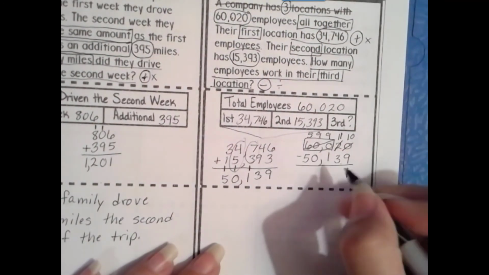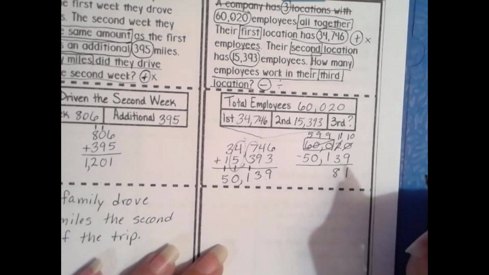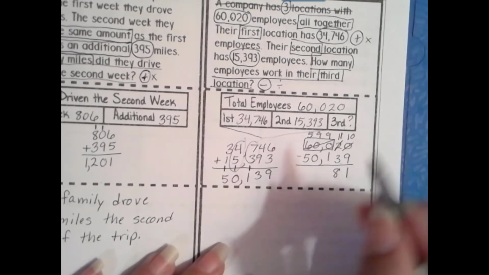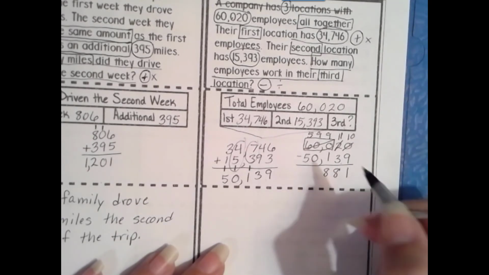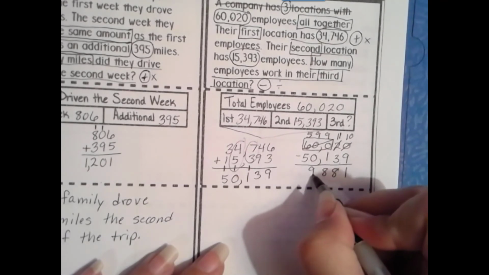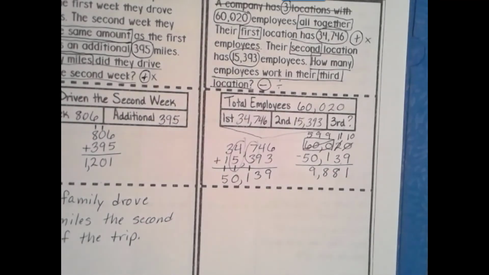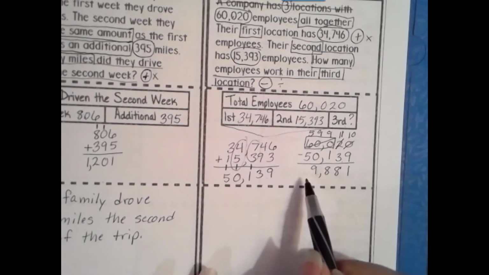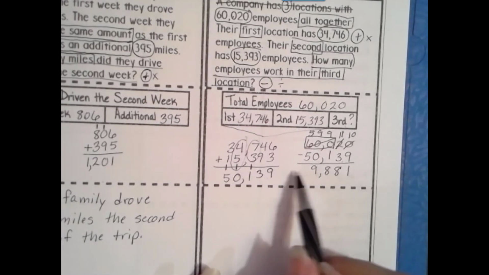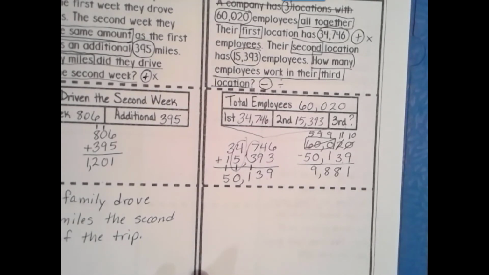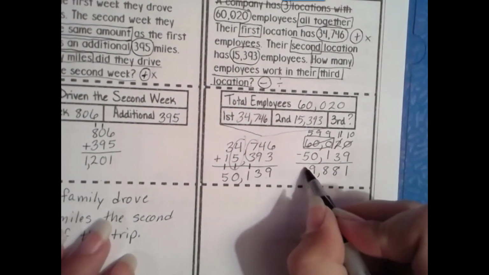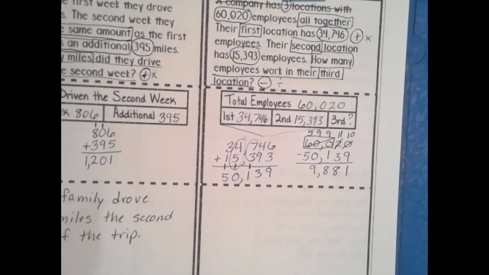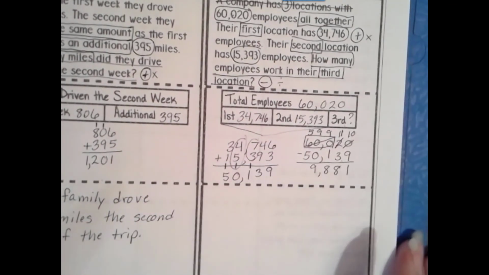So 11 take away 3 is 8. 9 take away 1 is 8. 9 take away 0 is 9. 5 take away 5 is 0, but I don't need to put a placeholder because it's not holding a place between digits, or between a digit and a decimal. So now we found it. Here is our final solution. We had to do 2 steps to get to it.